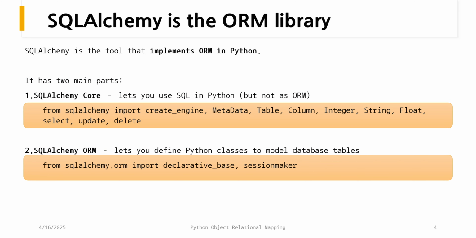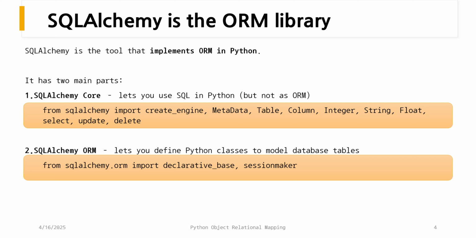Now that we've talked about what ORM is, let's talk about the tool we're using, SQLAlchemy. SQLAlchemy is the library that helps Python interact with databases. It's what implements ORM for us in Python. It actually comes in two parts.